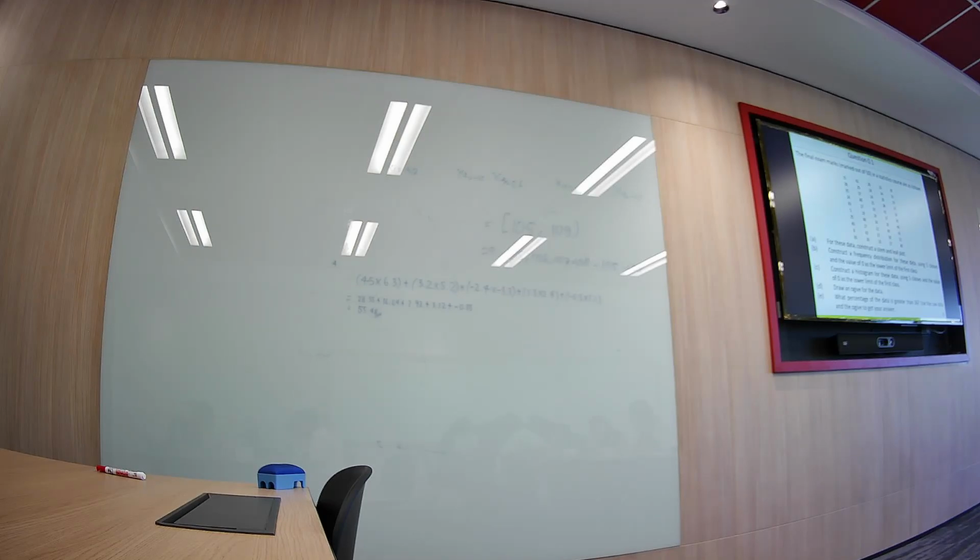You need to write the data carefully, right? But I can tell that many of you can do it quite well. Okay, so for the stem and leaf, it should be like this.